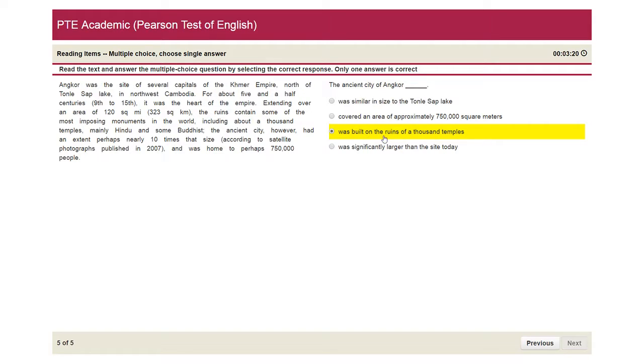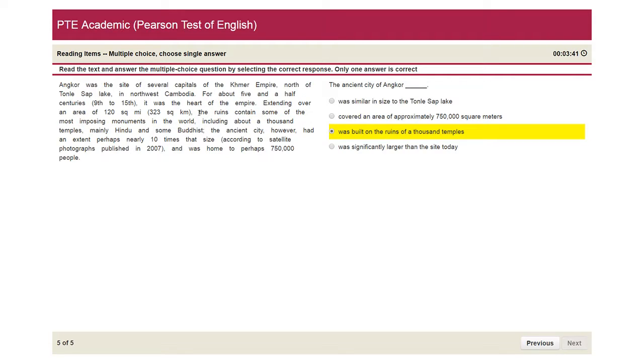Now the next option is written: was built on the ruins of thousands of temples. The sentence says the ruins contain some of the most imposing monuments in the world, including about 1,000 temples, mainly Hindu and some Buddhist.